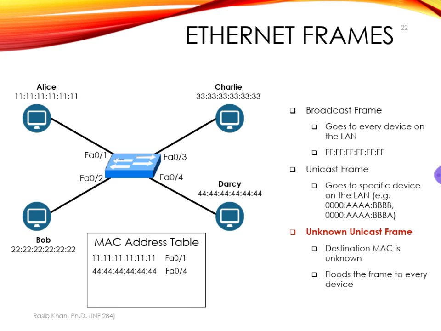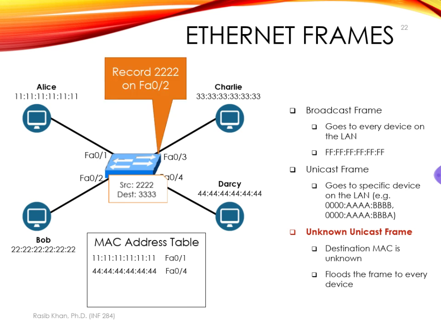The third kind of frame is where the destination is unknown to the switch. In that case, the switch needs to flood the frame to every device apart from the incoming link. Let's say Bob sends out a frame to the switch with the source address of Bob and the destination address of Charlie.